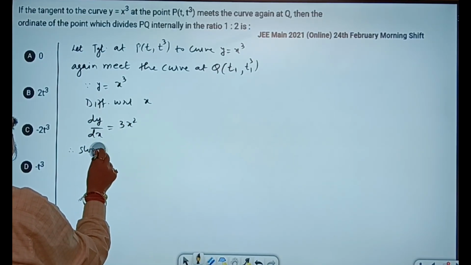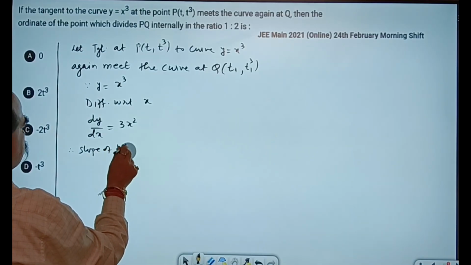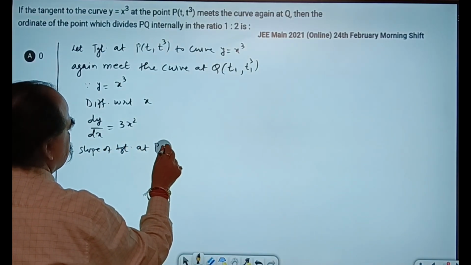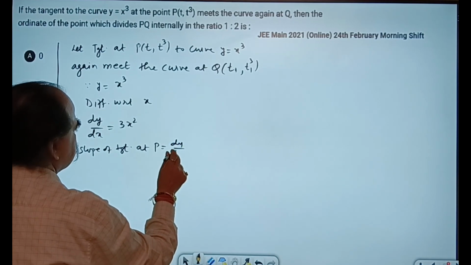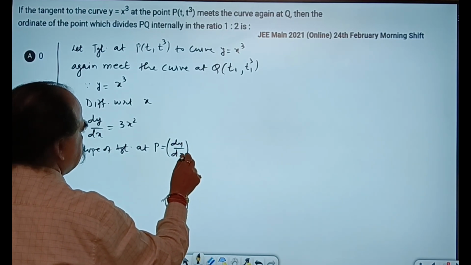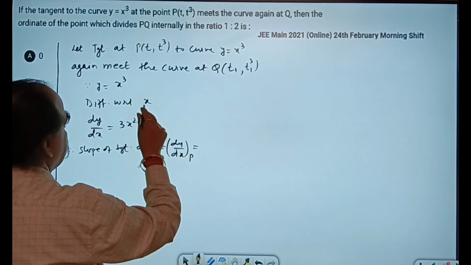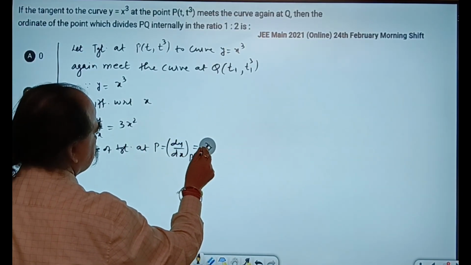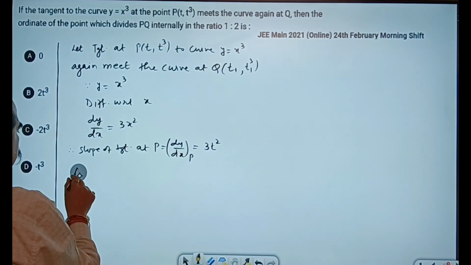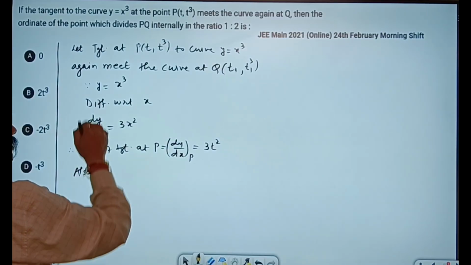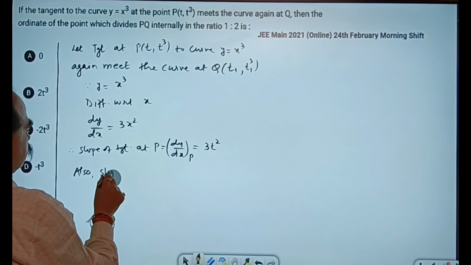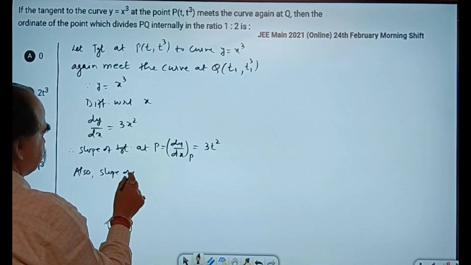Slope of tangent at t is dy by dx at P. The x coordinate of P is t, so 3t square. Also, the tangent passes through P and Q. The slope of PQ is also equal to the slope of tangent.